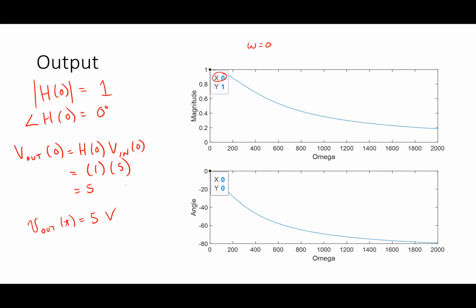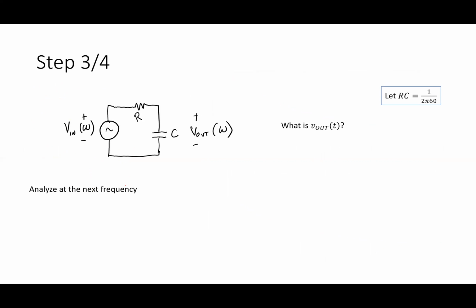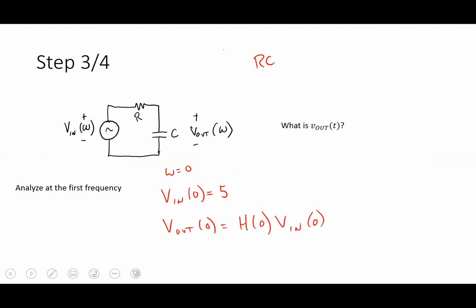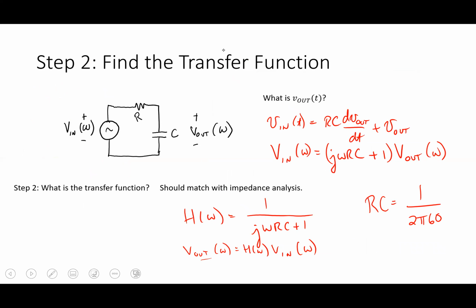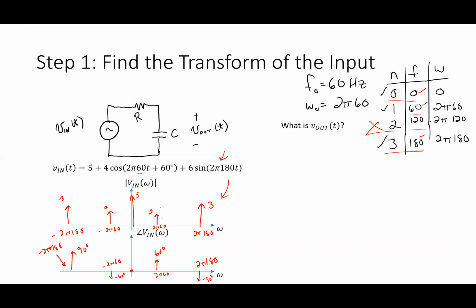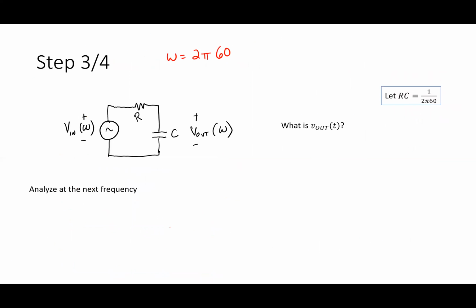Now we use this graph a lot, so let's use it specifically. The next frequency is omega equal to 2 pi 60. If I go back to look at the Fourier transform of the input, I see that it had a magnitude of 2 at that frequency and an angle of 60 degrees. So V in of 2 pi 60 has a magnitude of 2 and an angle of 60 degrees.